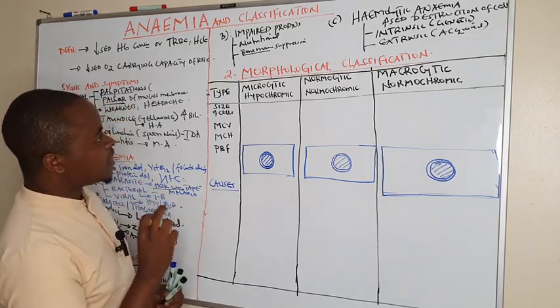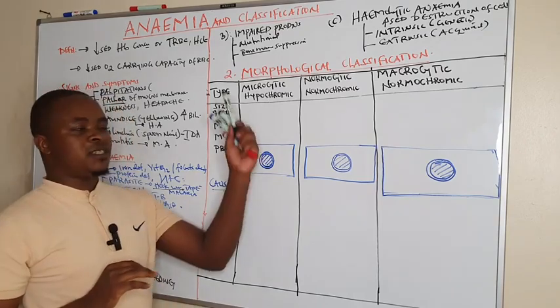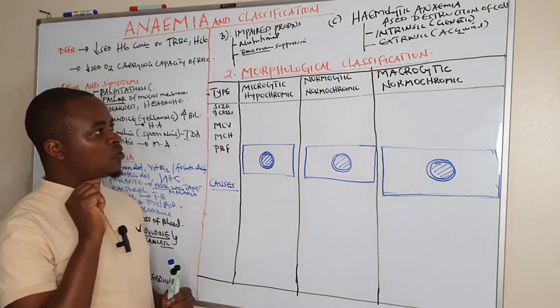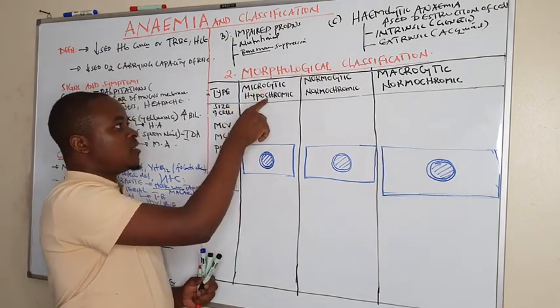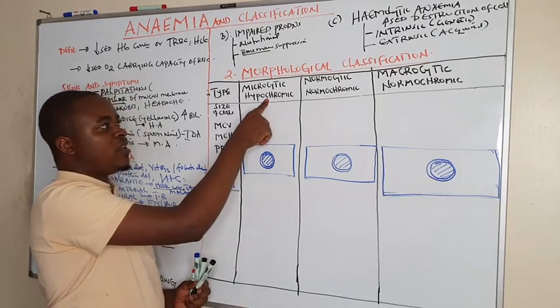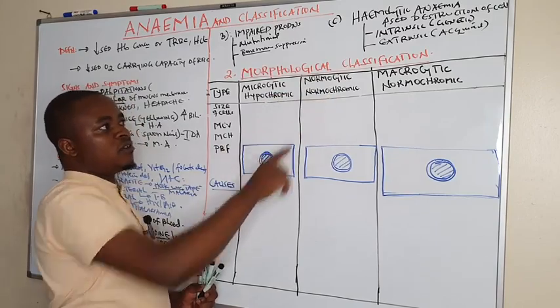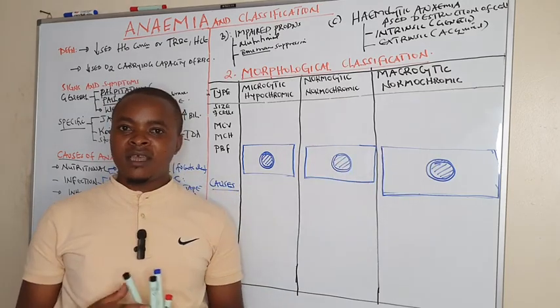It is also classified under three types, the way we have seen under etiology: microcytic, hypochromic anemia, or normocytic, normochromic, or macrocytic, normochromic anemia.